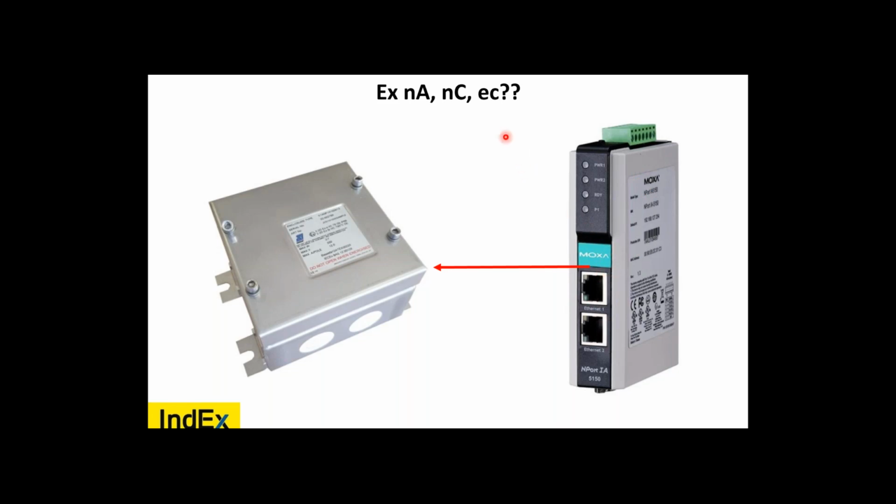So what will change when it becomes newer is it'll be nC Ec. The nC is internal, the Ec is the terminations. So which junction box would it go into? Well, if it's Ec, something newer, it has to go into an Ec junction box. If it's an older installation, it's probably an nA junction box with the nA nC device in it. Confusing, I know.